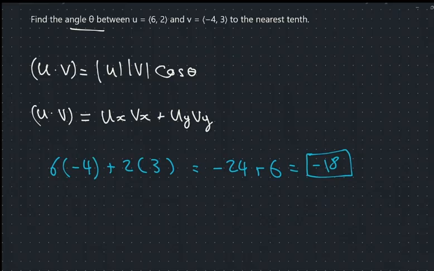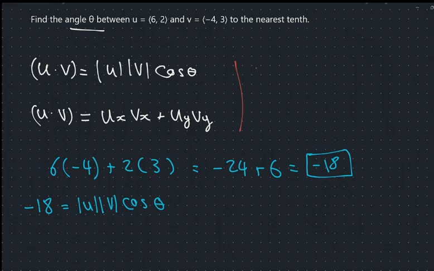So this is the dot product of u and v. Now let's substitute. This negative 18 is actually equal to what? It's equal to the magnitude of u times the magnitude of v times cosine theta. Let's find both of these magnitudes. I will do it in this part here.